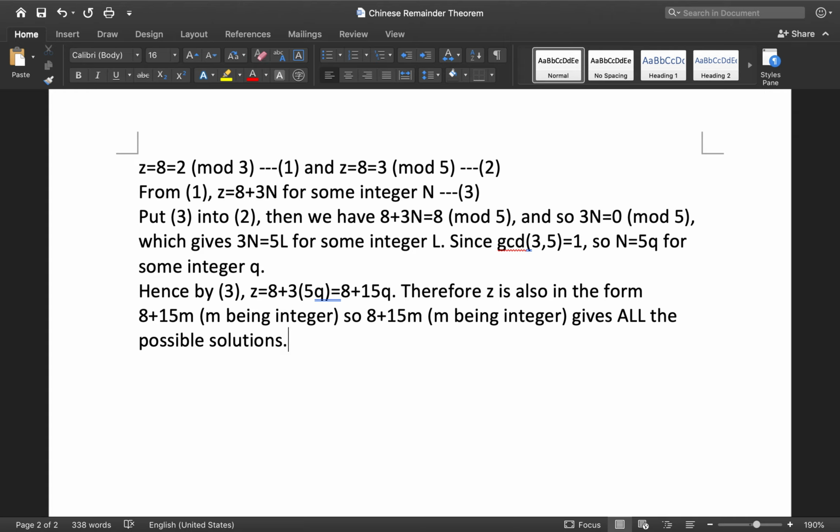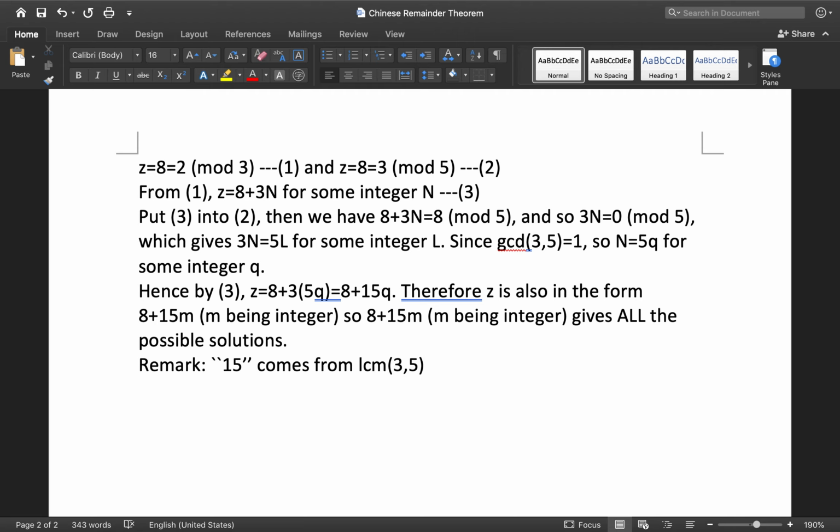Now, of course, I'm cheating a little in the sense that I just gave you the answer, but how can you get that 15? Where does it come from? In fact, this is a remark: that 15 is not some mysterious number. That 15 actually comes from the LCM of 3 and 5.